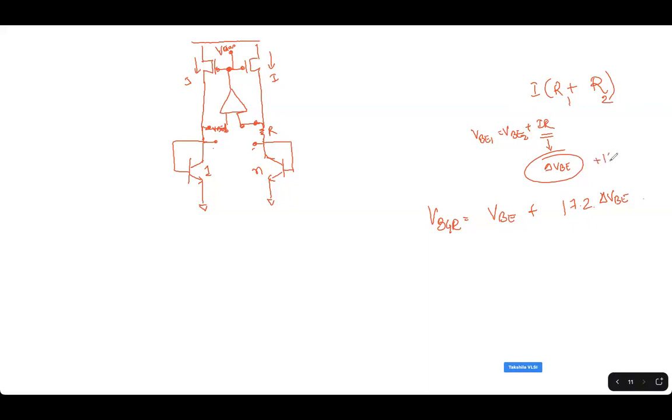I have to somehow add 16.2 times del VB, right? So if IR equals 1 del VB, I have to have 16.2 times IR to have 16.2 times more del VB, or even any gain, let's say n times IR, it will be n times del VB.